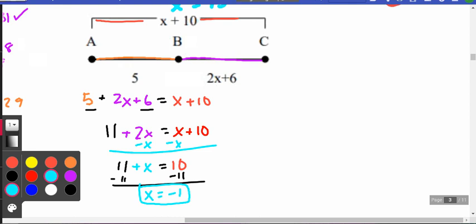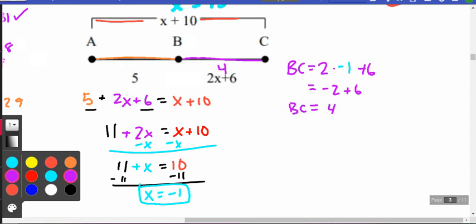Now let's find the segment length of BC, which is 2 times our x value, -1, plus 6. 2 times -1 is -2, plus 6 will result in 4 units. So this is 4.